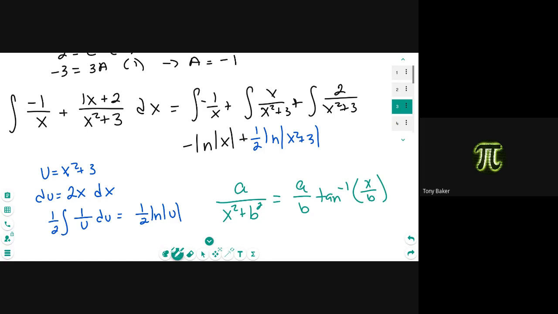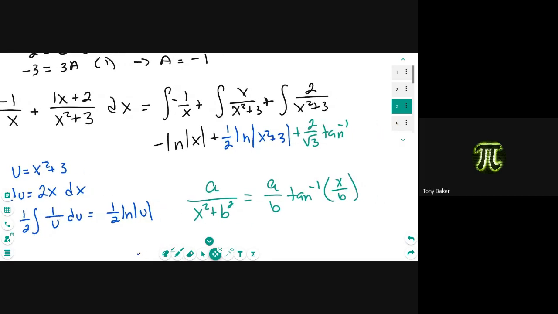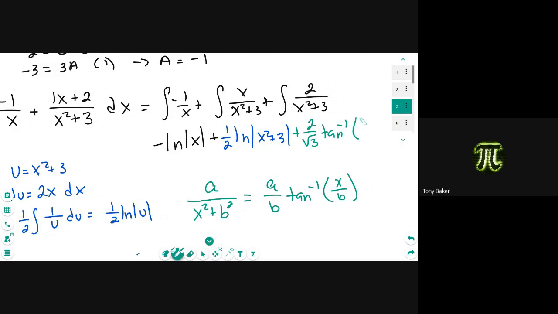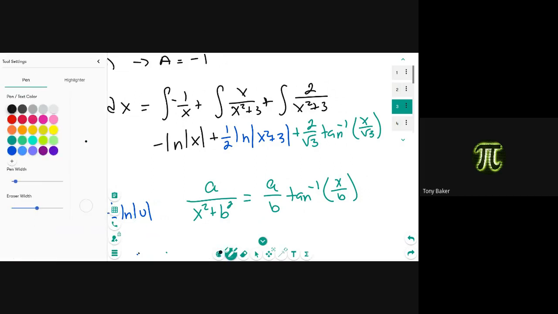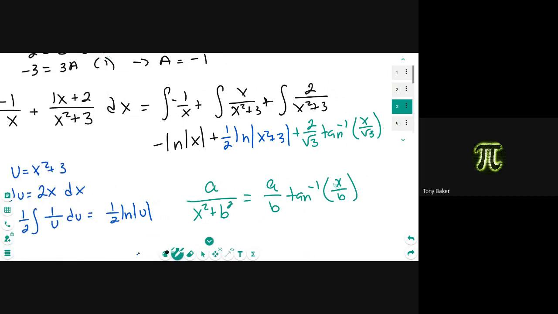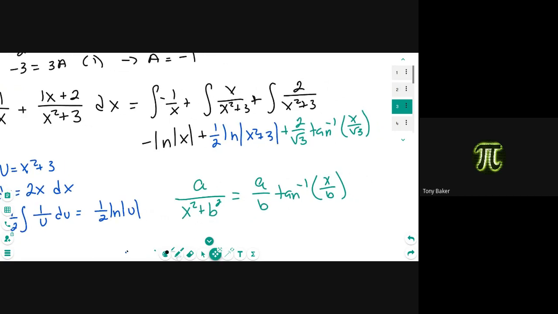So we have 2 over the square root of 3, arctangent x over the square root of 3, plus c.